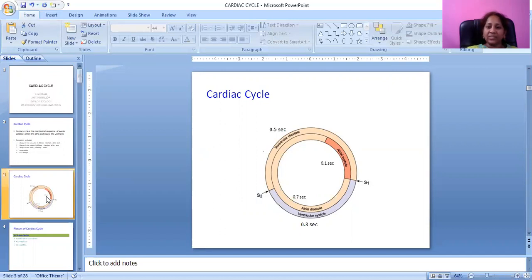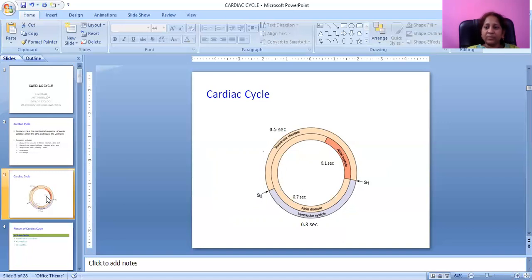Ventricular diastole lasts 0.5 seconds, auricular systole 0.1 second, auricular diastole 0.3 seconds, and ventricular systole 0.7. This is in one minute time.